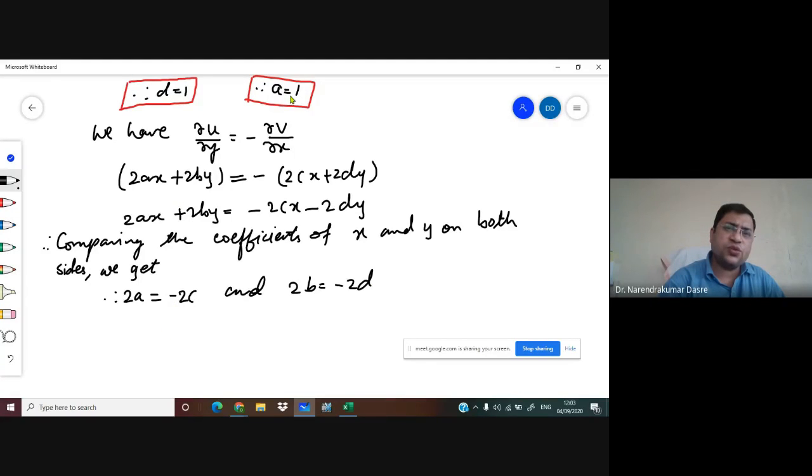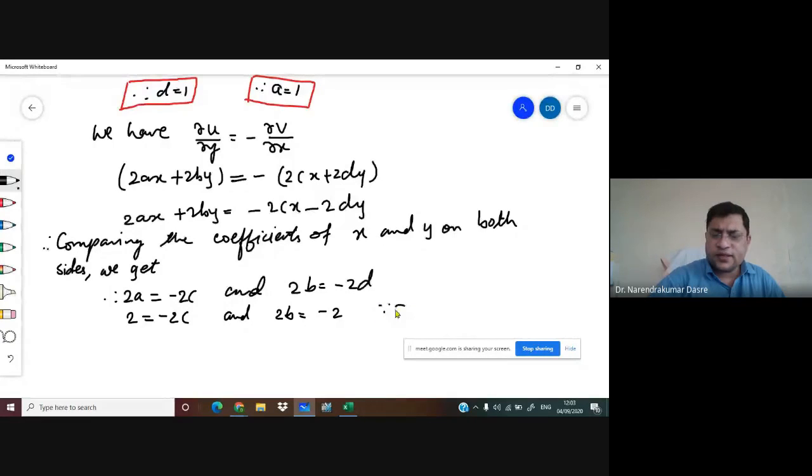As we know, the value of a is 1 and the value of d is also 1, so I can write 2 is equal to minus 2c and 2b is equal to minus 2.